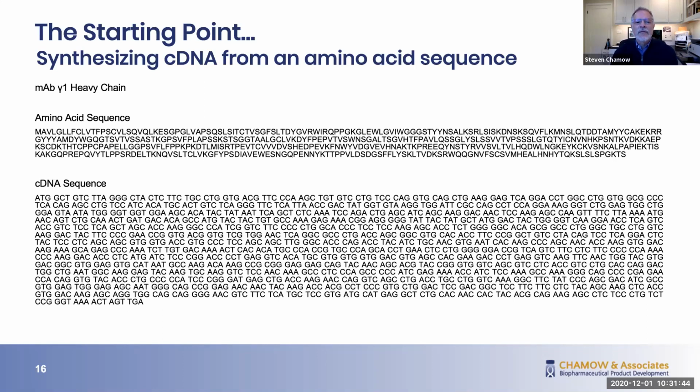A deliverable as a starting point is the amino acid sequence to allow the CDMO to do codon optimization in designing and synthesizing the cDNA itself. So we prefer to provide that amino acid sequence as a starting point.